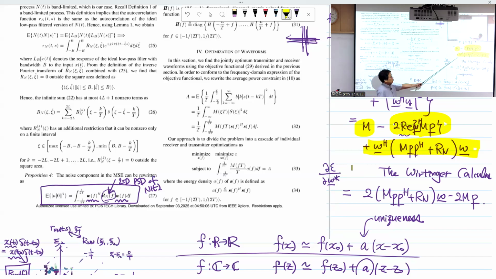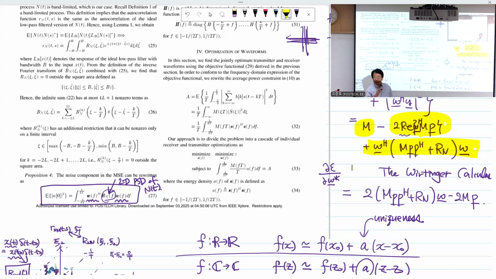And again, you already know, given a square symmetric matrix, pre and post multiplied by some vector and differentiated, that is what? 2 times this square matrix times this vector. Exactly the same. Right?